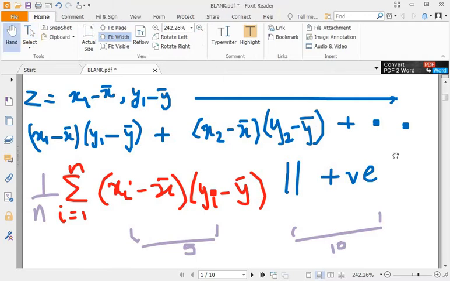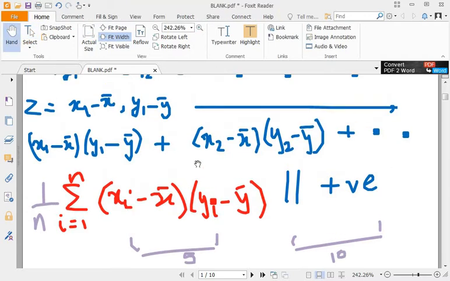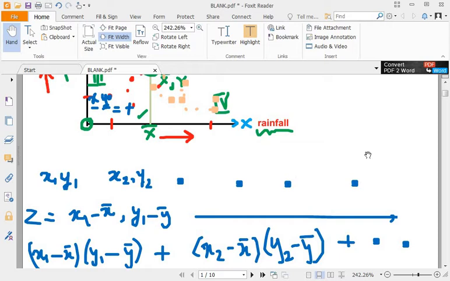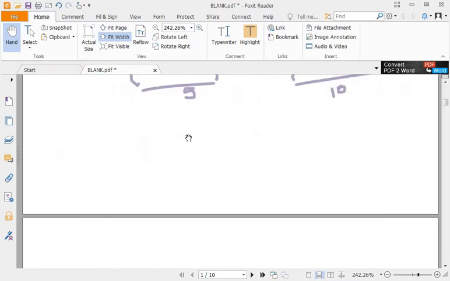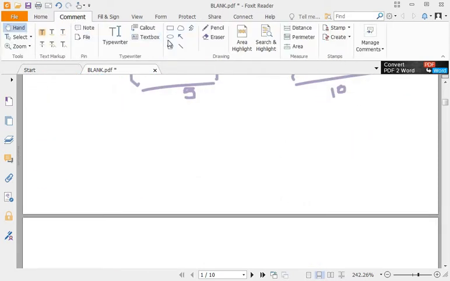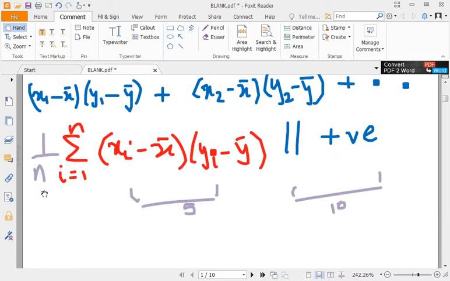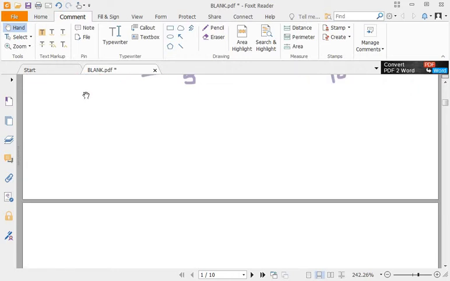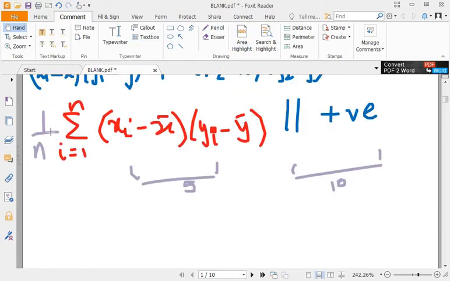So it removes the problem of non-representability. So we have captured one problem: if you do not divide it by n, it essentially lacks representability.